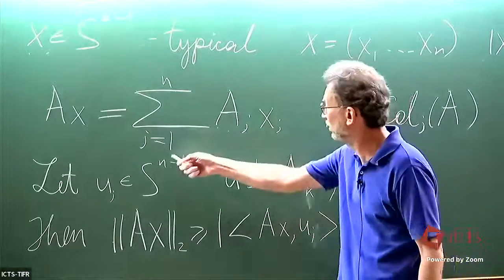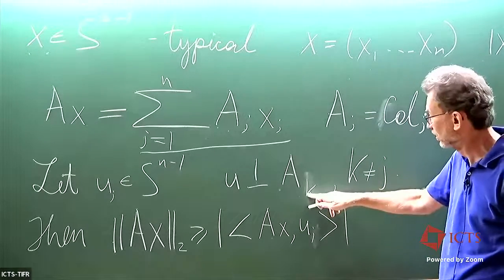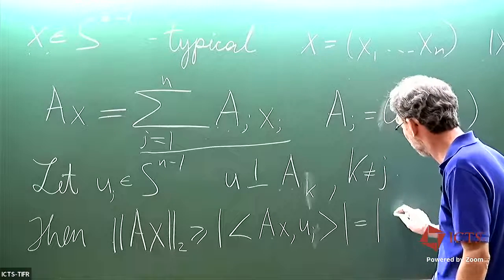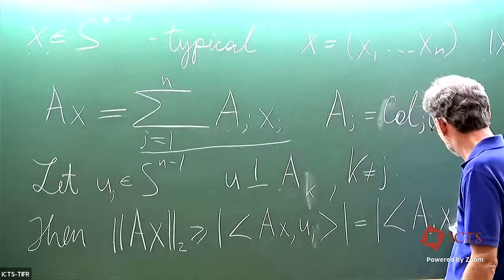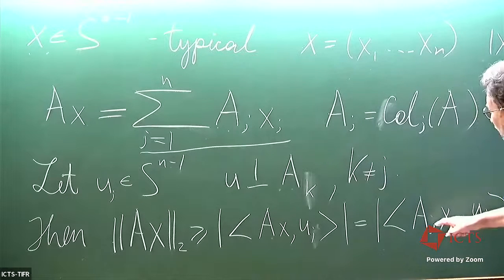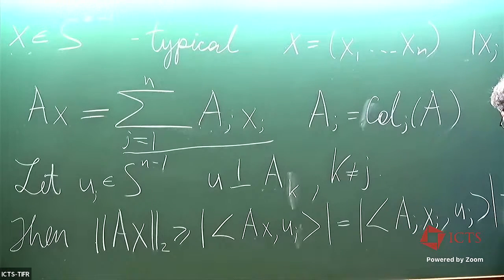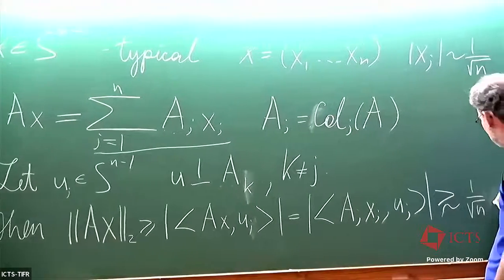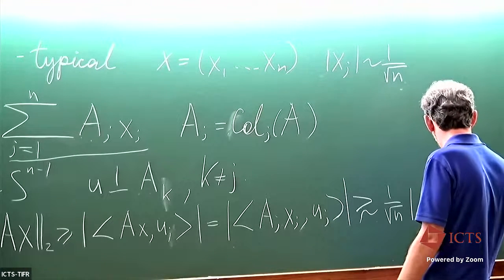Here I write AX as the sum. I use the fact that u_j is orthogonal to all A_k, and I'm left with just one term, the inner product of A_j x_j with u_j. And I know that the absolute value of x_j is about 1 over square root of n, so it's greater or equal than 1 over square root of n times the absolute value of the inner product of A_j and u_j.